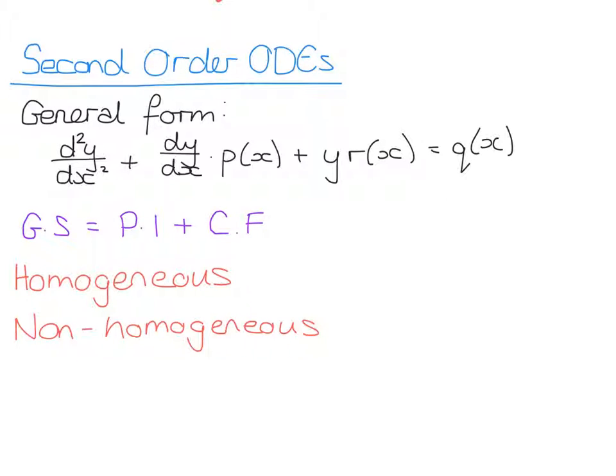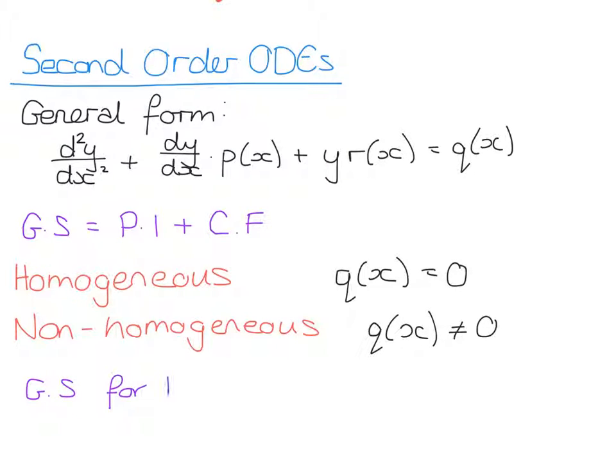ODEs are homogeneous if they have q of x equal to 0, and are non-homogeneous if q of x does not equal 0. The general solution for homogeneous equations is actually just the complementary function. So GS is simply CF.